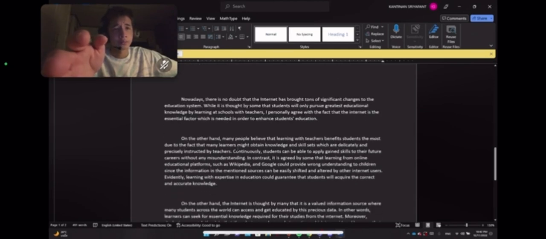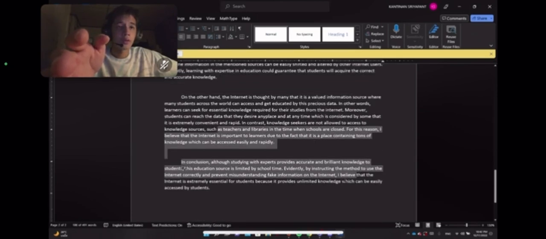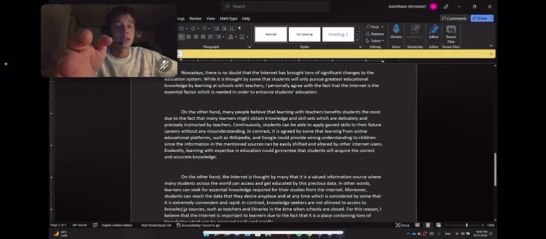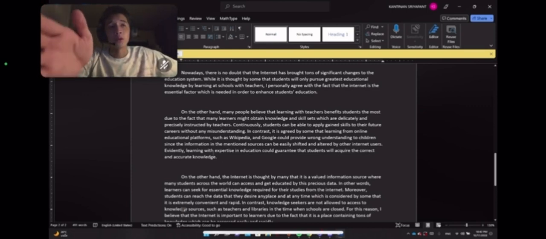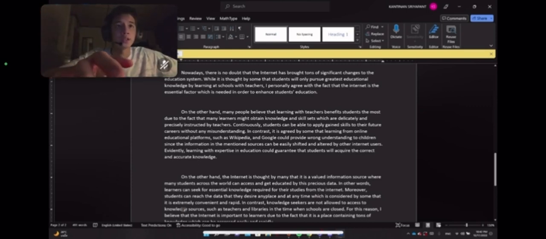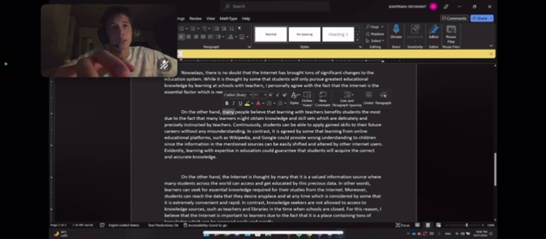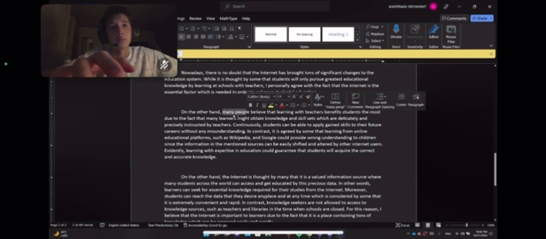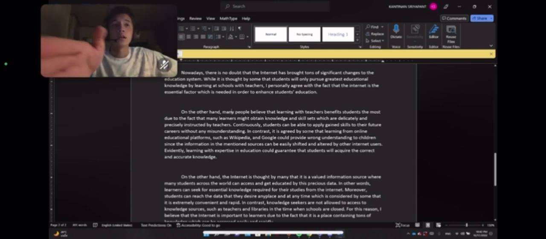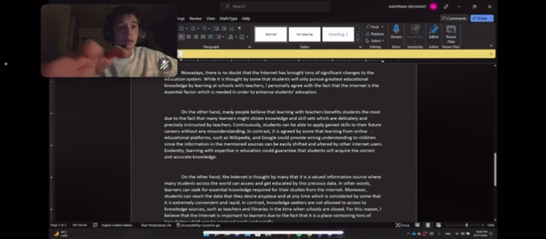Make sure that your writing does not include generalization, because you can lose points for it. For example, you can write "many people" instead of "most people", because that's generalization, obviously.